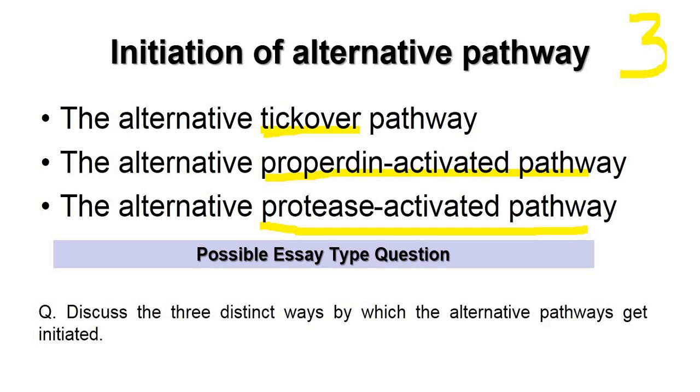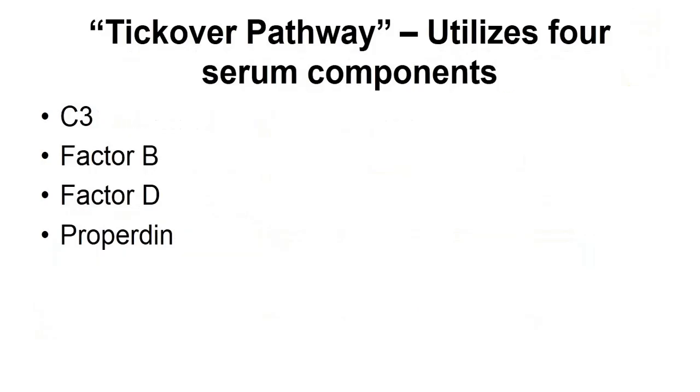The Tickover pathway utilizes 4 serum components, and those 4 serum components are C3, factor B, factor D, and properdin. These are the 4 serum components that your Tickover pathway utilizes.